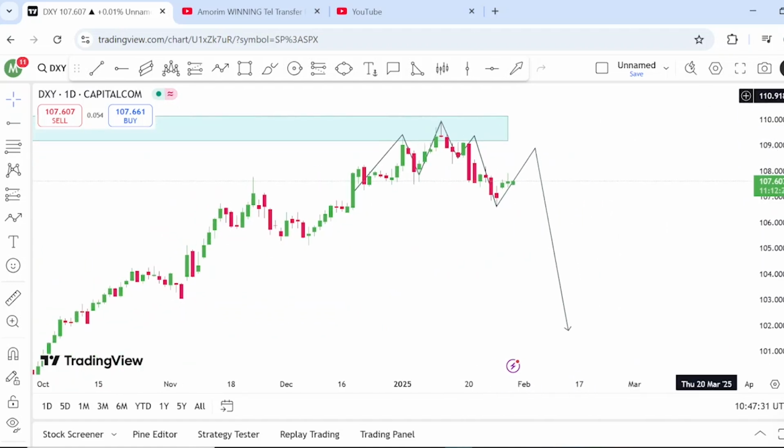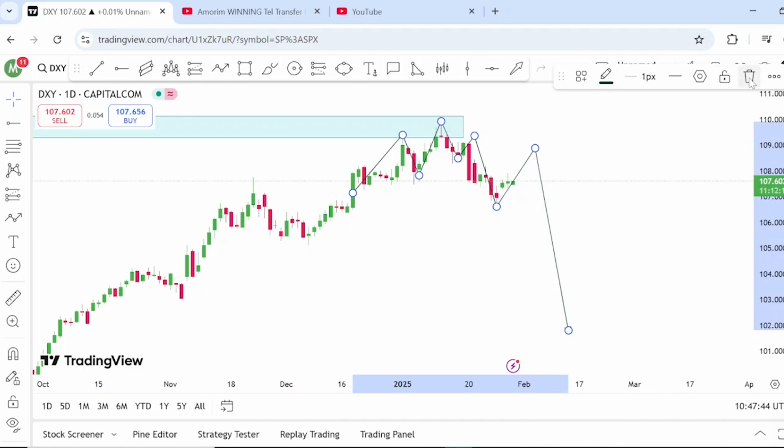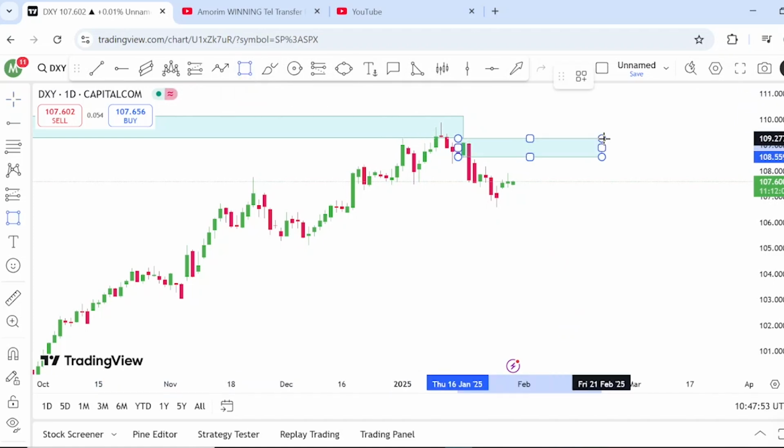From this scenario, we can see the head and shoulders, and for someone who trades demand and supply, we understand that we need the market to make a retracement from the high, this supply area.